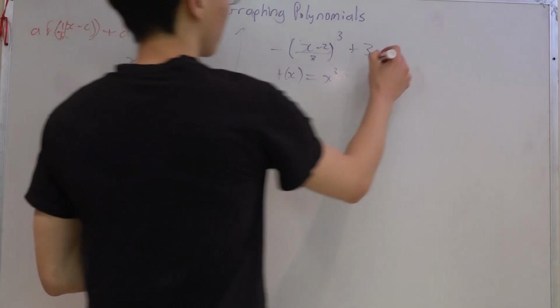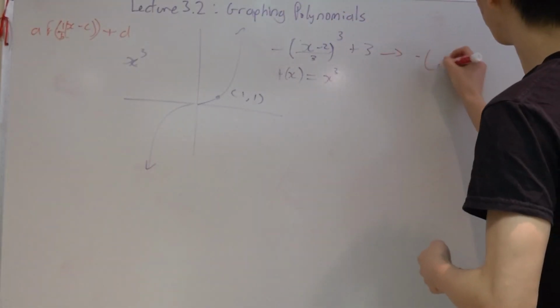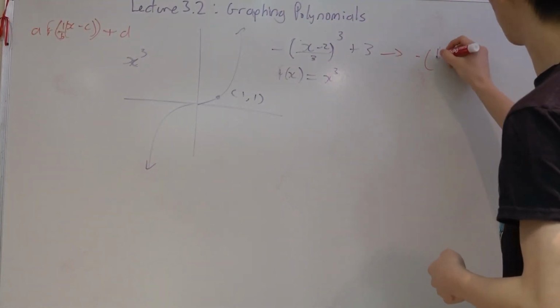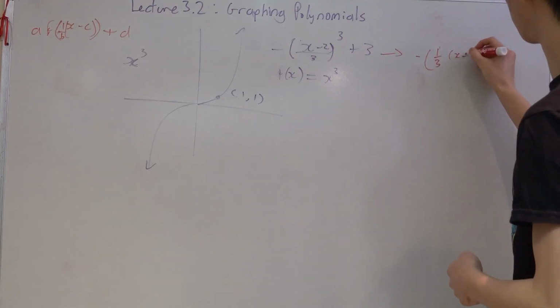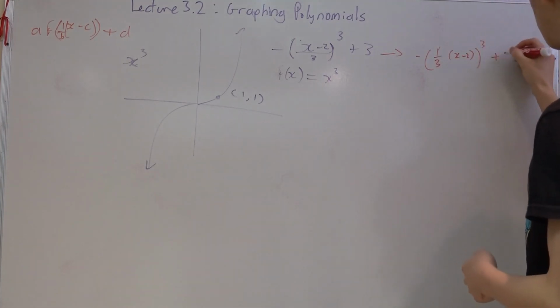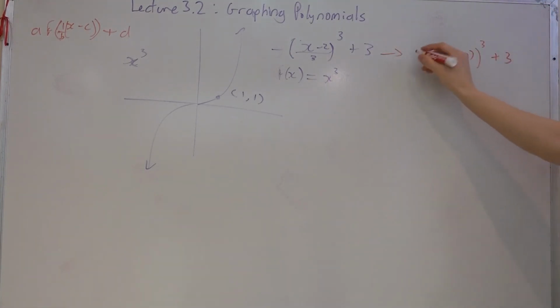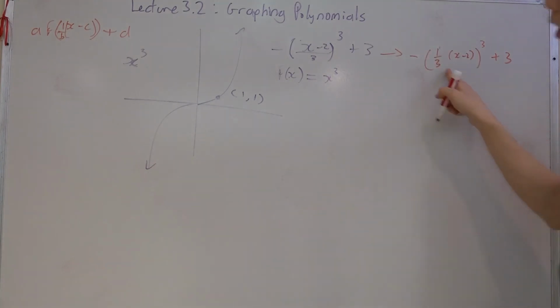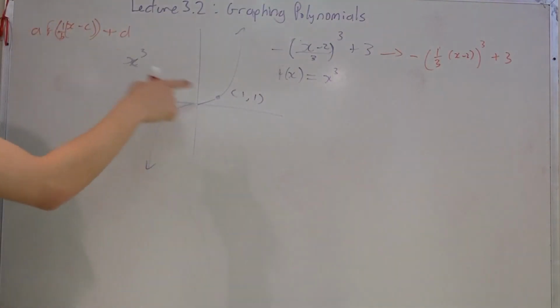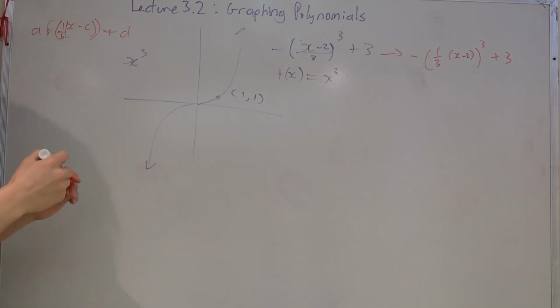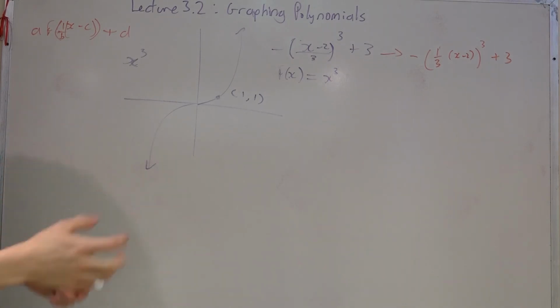Maybe I can write it a little bit clearer as 1 over 3 times (x minus 2) cubed, and you can check this is the same thing as that. And so we've got it into this form here, where f of x is equal to x cubed. So that means we can just take this parent graph and apply our regular transformation.